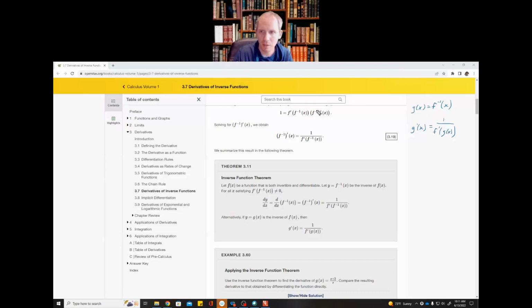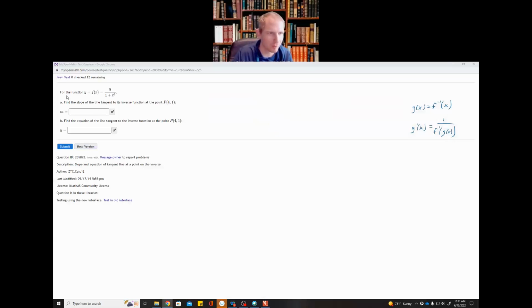All right. Now, let's go ahead and flip back to the homework question. For the function y equals f of x equals 8 over 1 plus x squared, find the slope of the tangent line to its inverse function at the point 4, 1. Okay, so I want the slope of the tangent line to the inverse.